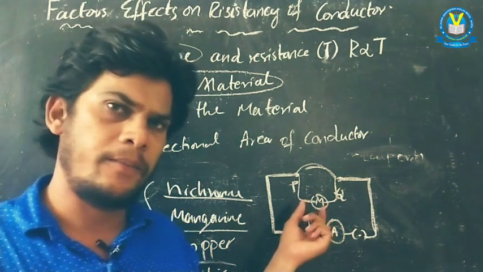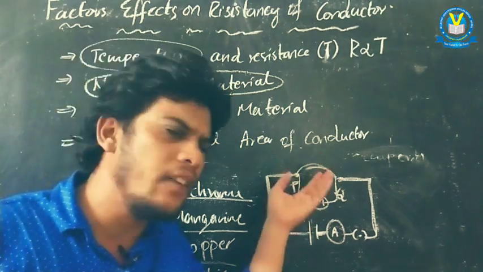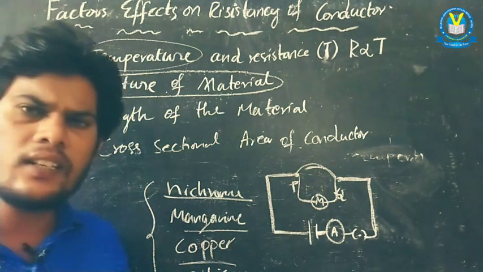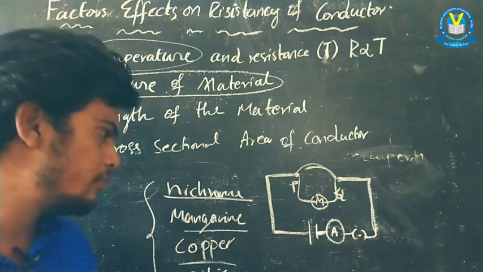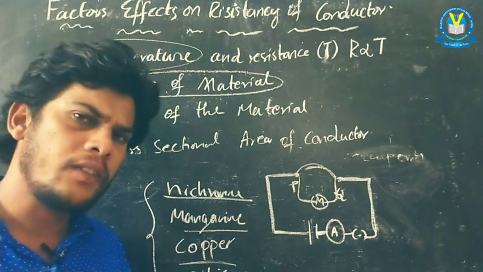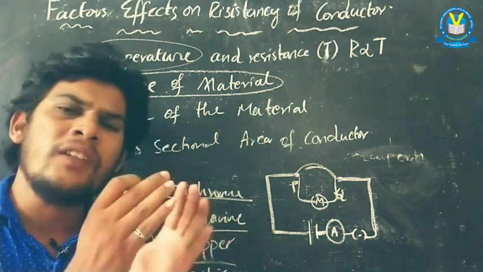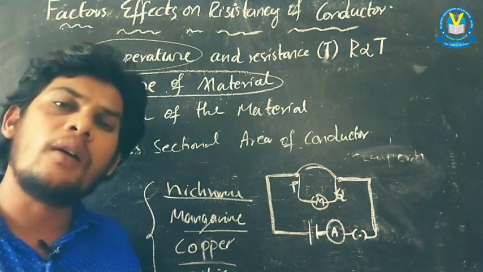Is the value of the resistance the same for all these materials? No. Is the value of the current the same for all these materials? No. So the resistance of any material depends upon its nature.